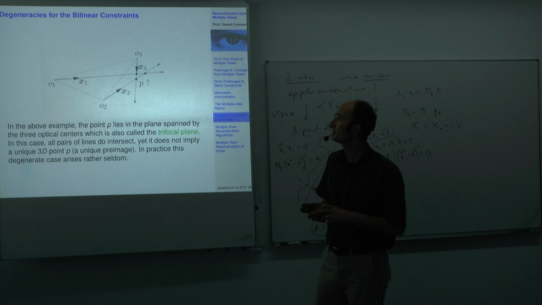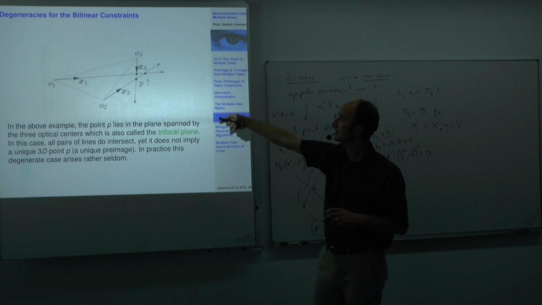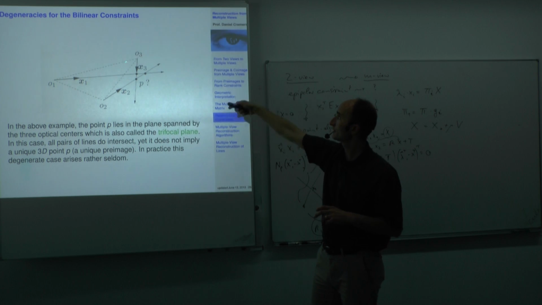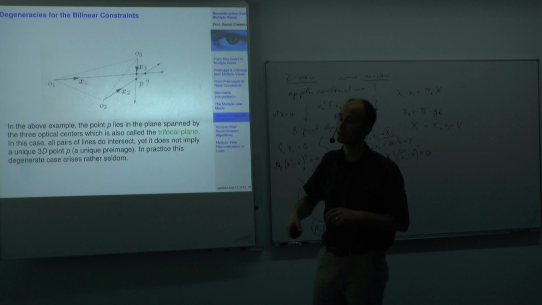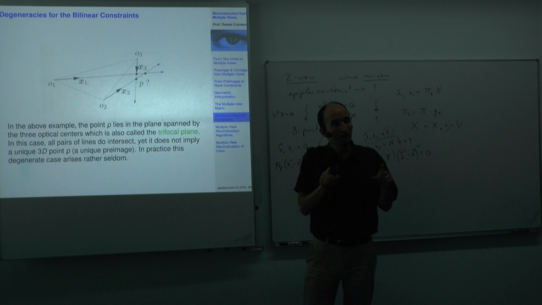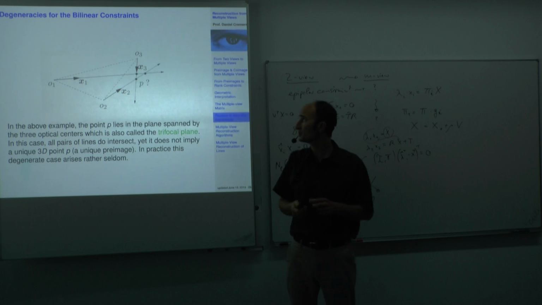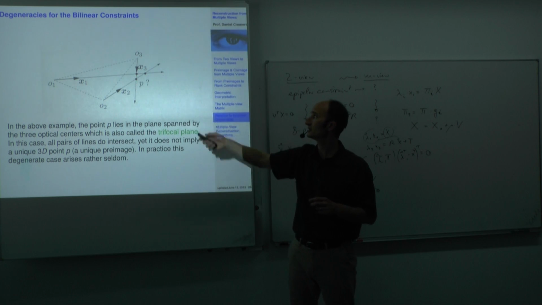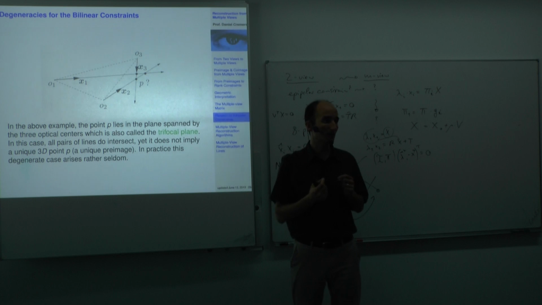And if that happens, then you can clearly see that for any 2 lines, x1 and x2, for example, there is an intersection. For x1 and x3, there is an intersection. And for x2 and x3, there's also an intersection. For all pairs of observations, I have a meaningful intersection, but there is not a consistent 3D reconstruction.